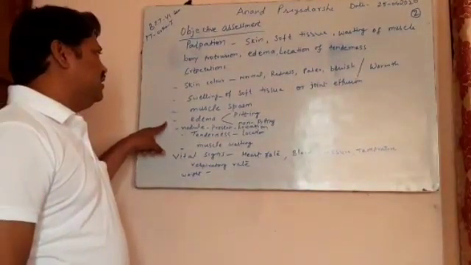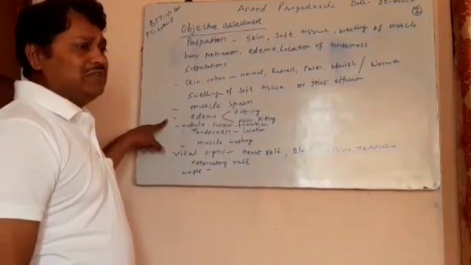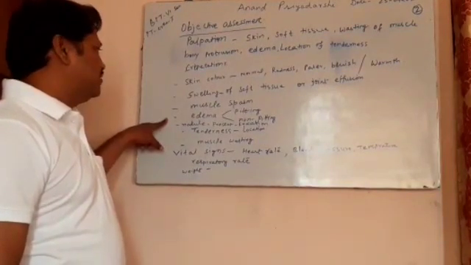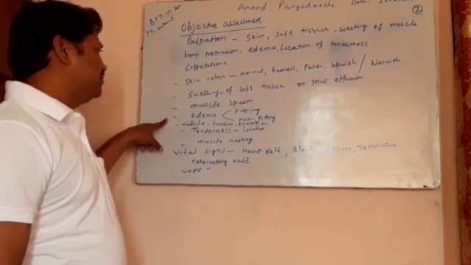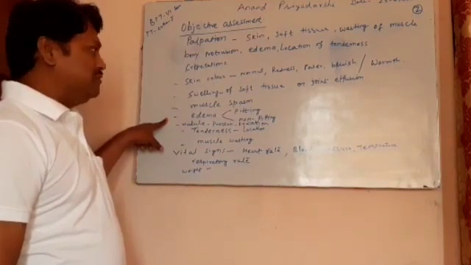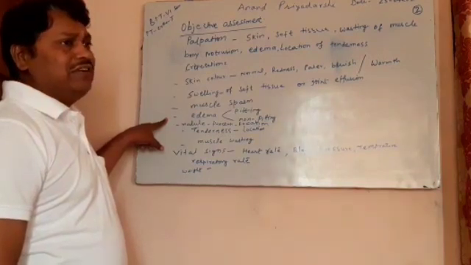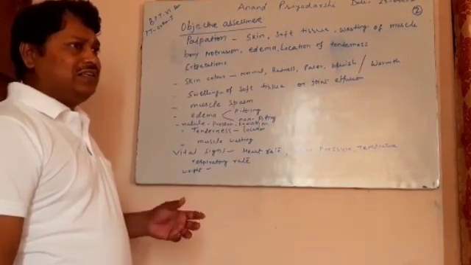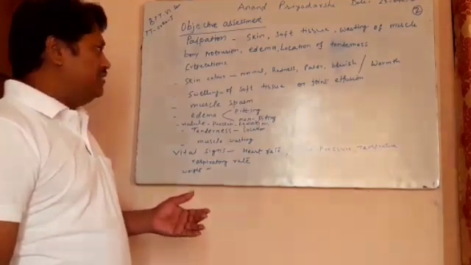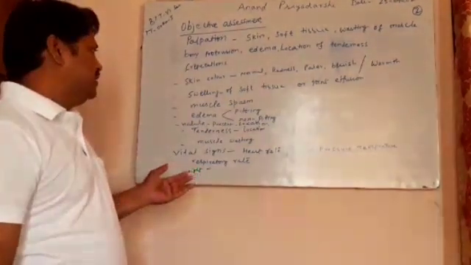Edema. Edema is a type of swelling. When the joint or the area is swollen, then we can say that edema is present. It may be pitting or non-pitting. What is pitting? When we press the swollen area and we see a pit, then it is pitting.